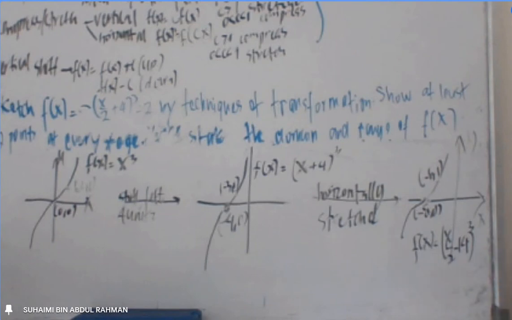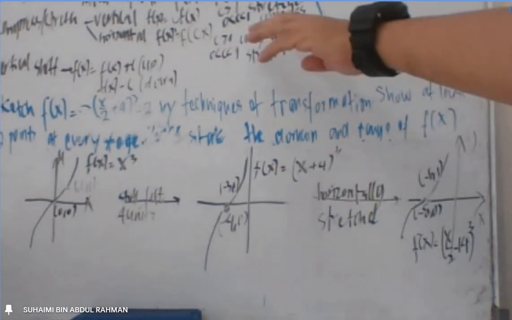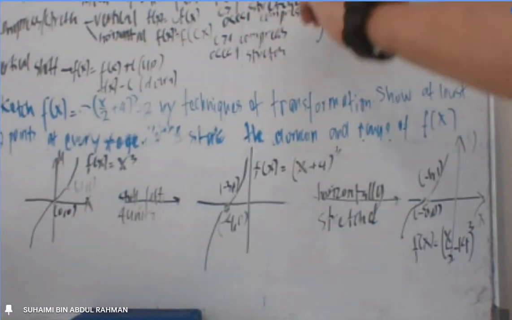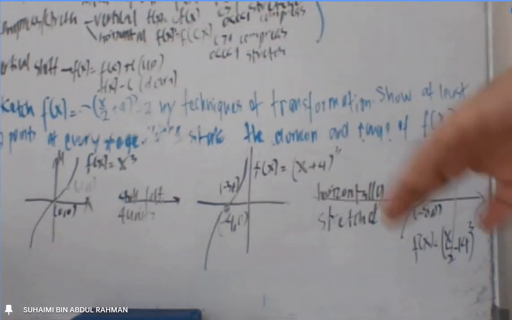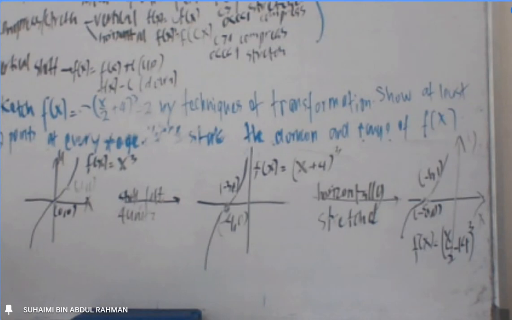And now we go to number 2, because we have to follow the flow. Number 2 is about what?